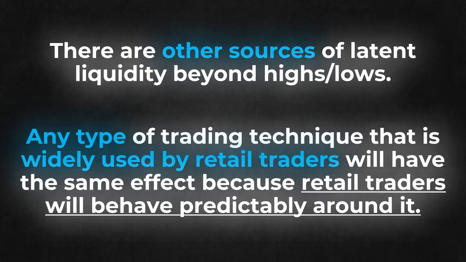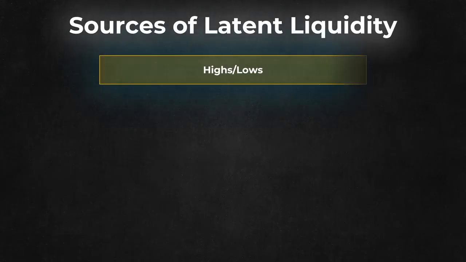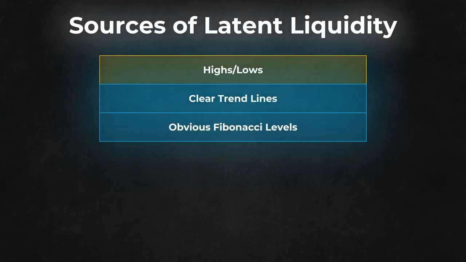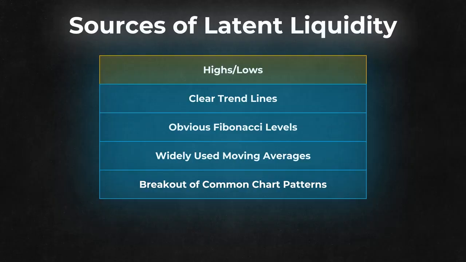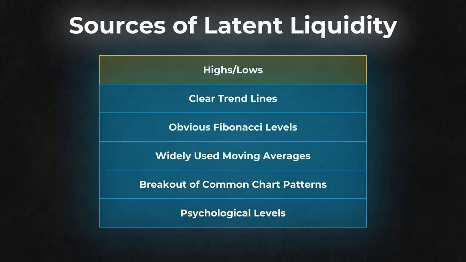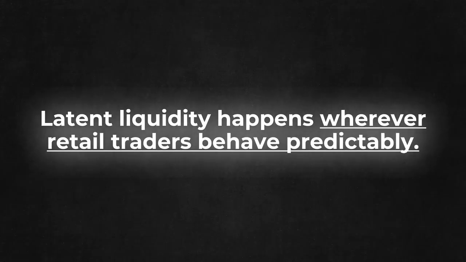So beyond highs and lows, techniques like clear trend lines, obvious Fibonacci levels, widely used moving averages, breakouts of common chart patterns, and even psychological levels in the market can be subtler sources of liquidity beyond highs and lows. Latent liquidity happens wherever retail traders behave predictably. In that sense, latent liquidity is not a feature of market structure exactly.